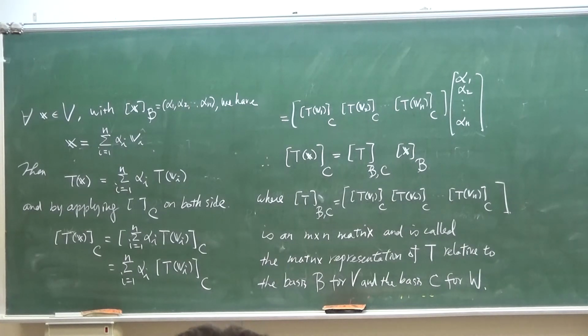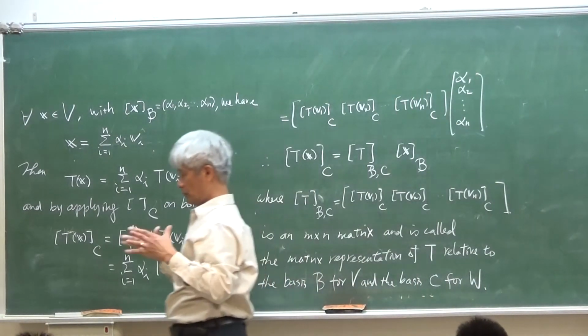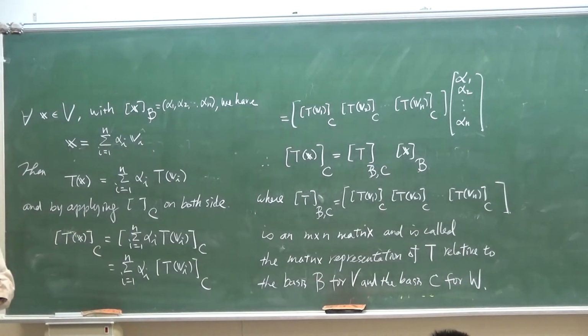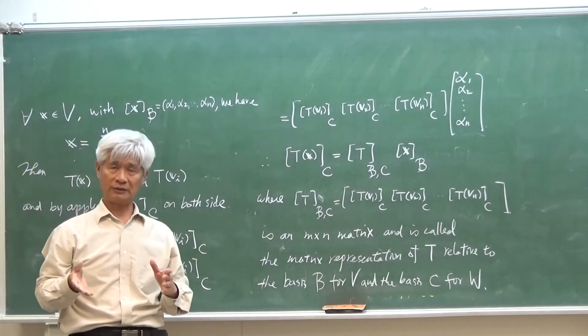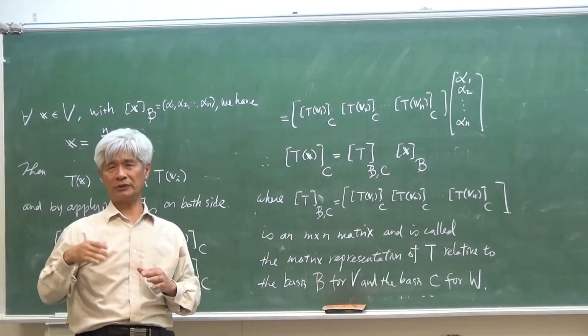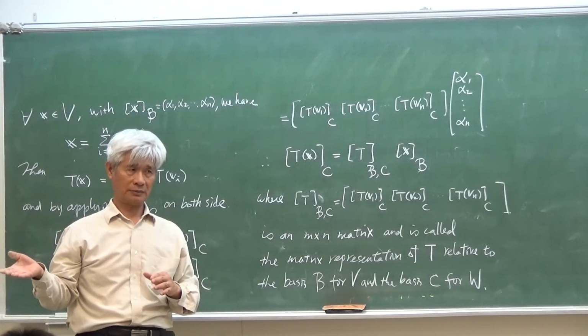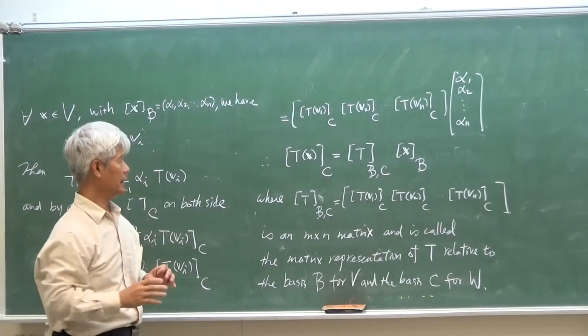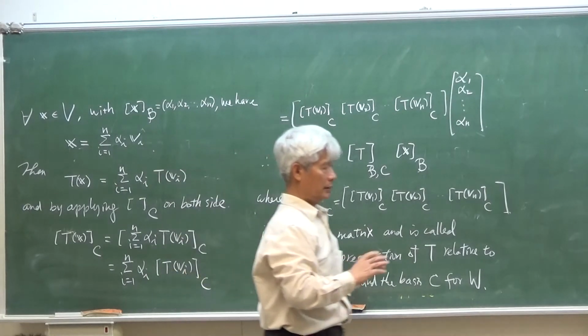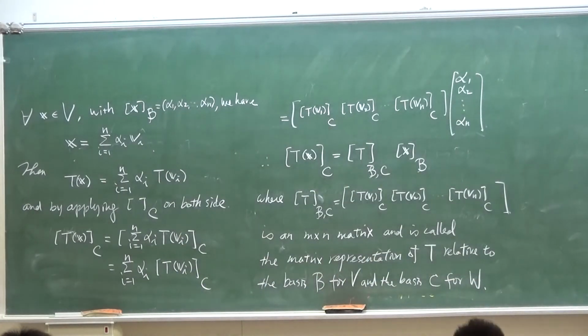Right. So now this is for linear transformation. We talked about this before, I think in chapter 2. In chapter 2, we mentioned linear transformation from an arbitrary vector space to an arbitrary vector space, and we talked about the matrix representation for the linear transformation.